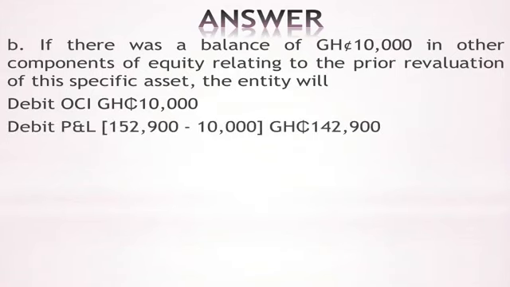The total impairment figure was 152,900. We less 10,000 from it, and we record the remaining 142,900, and then we credit our property, plant and equipment with the impairment value, which is 152,900.